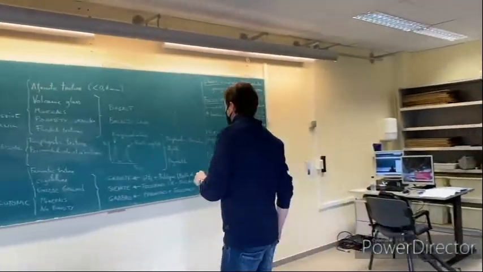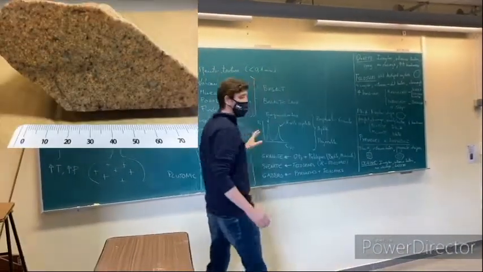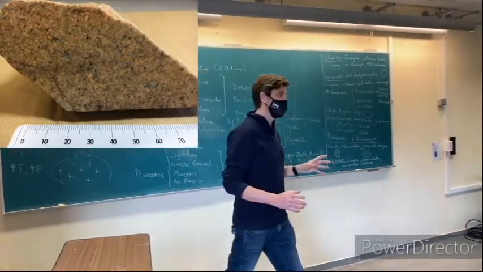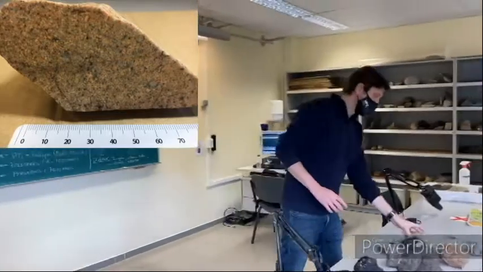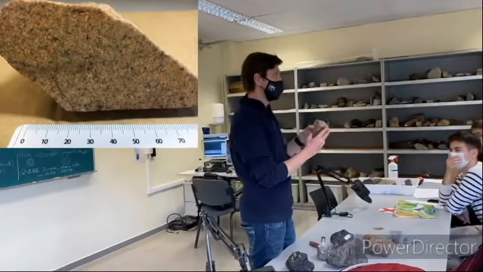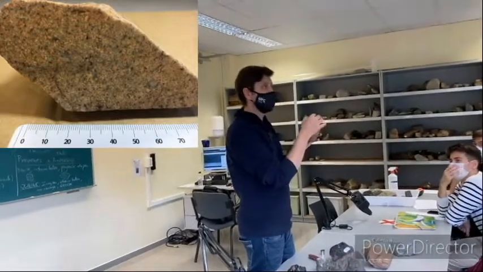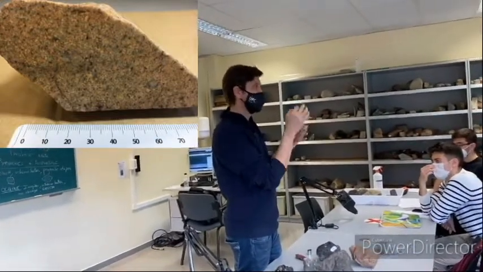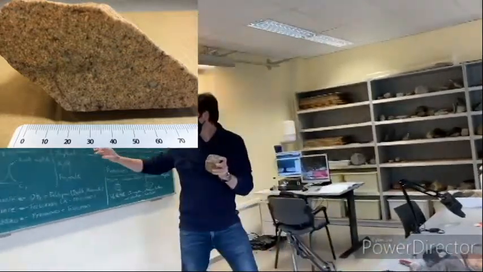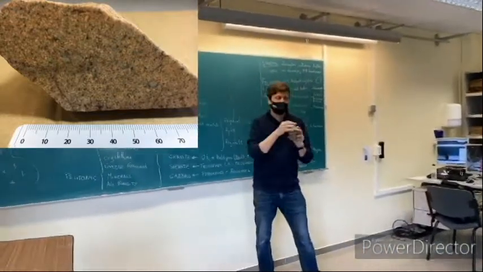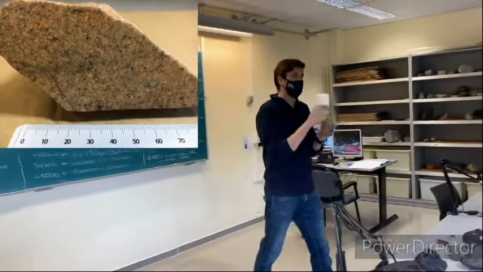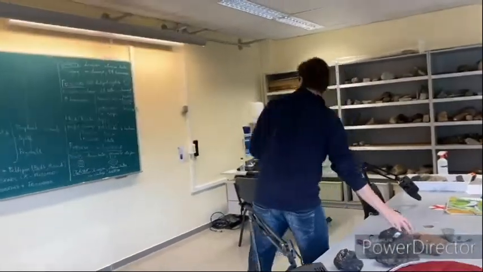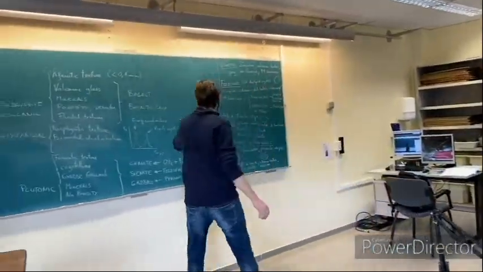In other situations, I don't have enough time to form big crystals, so I will have just a fine-grained rock where I can see small minerals, not that small like this, but small minerals, usually composed by feldspar. And this is the type of rock that we call aplite.